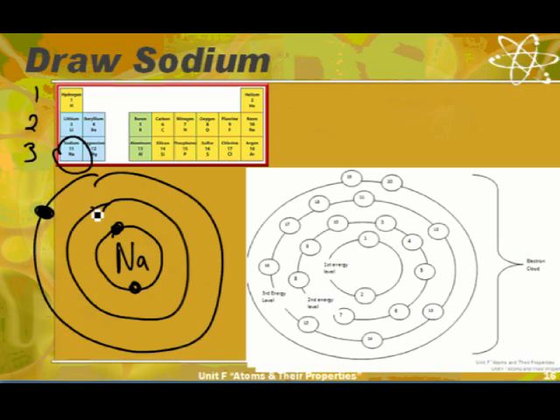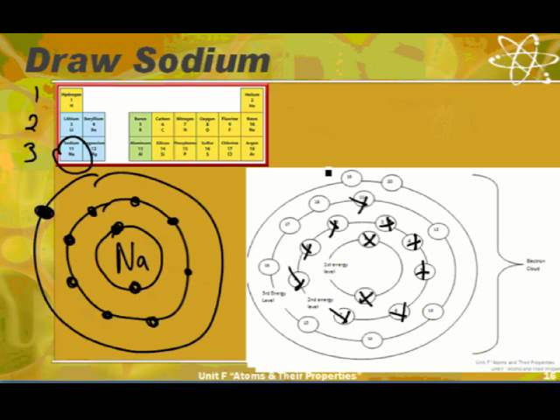We know that they're all filled because of sodium's position on the periodic table. And we can verify that by looking at our electron map. We need a total of 11 electrons. 1, 2. And we have verified that we can use the periodic table.